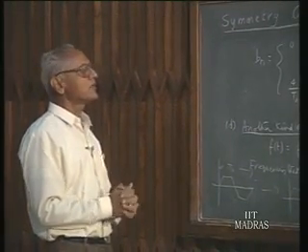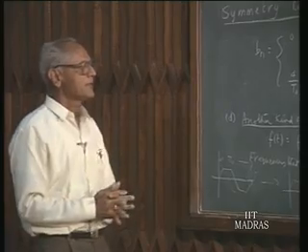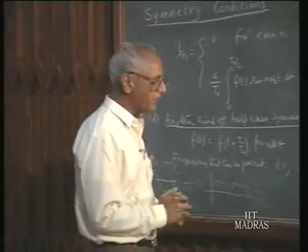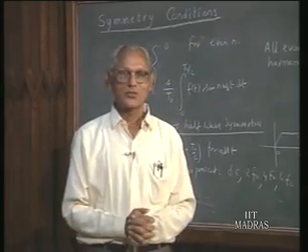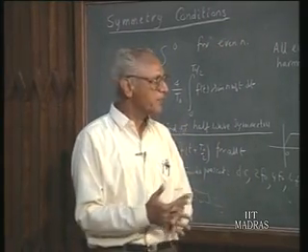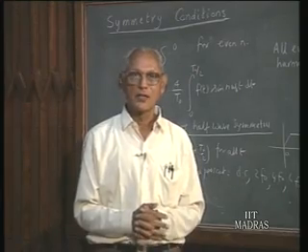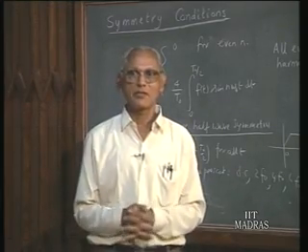Also, it is interesting to note that if you have any given function f of t, you can always split this up into its even part and the odd part. So any arbitrary periodic function may not be even by itself, may not be odd by itself, but we can generate from it the even part and the odd part.